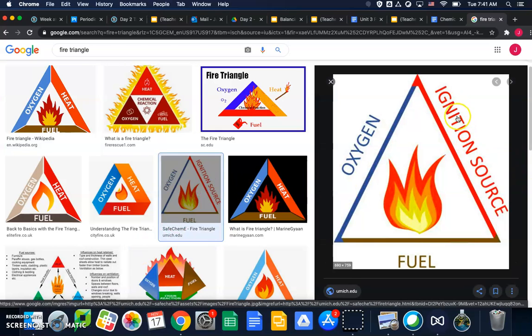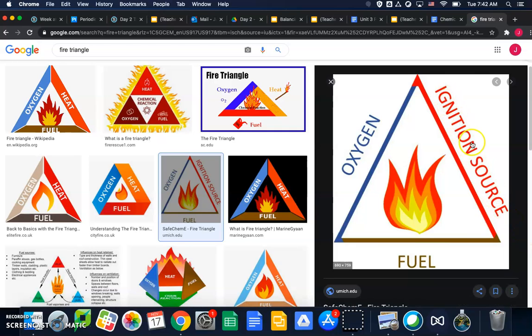Sometimes instead of heat it's called an ignition source or a spark or something like that. But the idea is you can never make a fire without those 3 things. They all need to be present. So you can't make a fire in a vacuum because there's no oxygen. Obviously, you can't make a fire if you don't have anything that's going to burn. And usually you need some sort of heat to get the fire started.